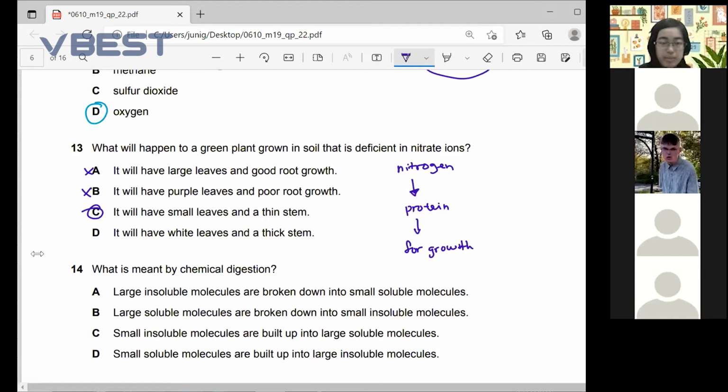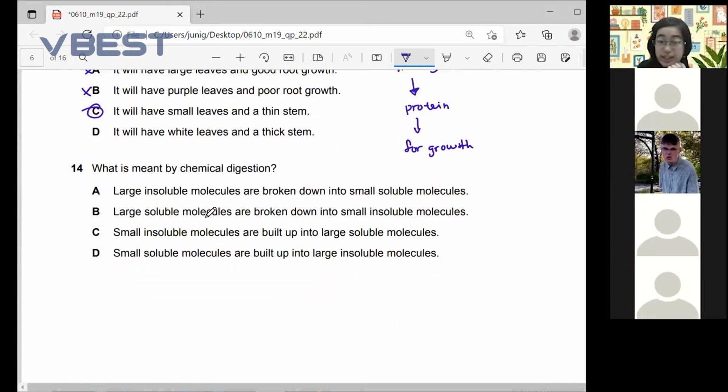Number 14. What is meant by chemical digestion? The answer is A, correct. Chemical digestion is large insoluble molecules that are broken down into small soluble molecules.